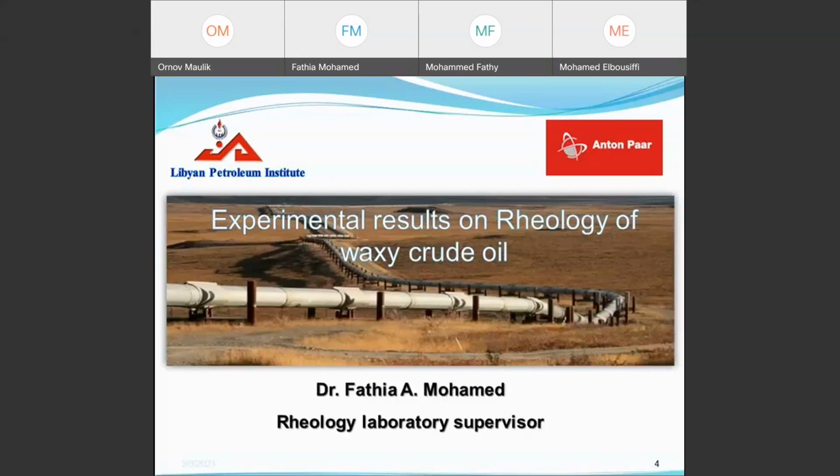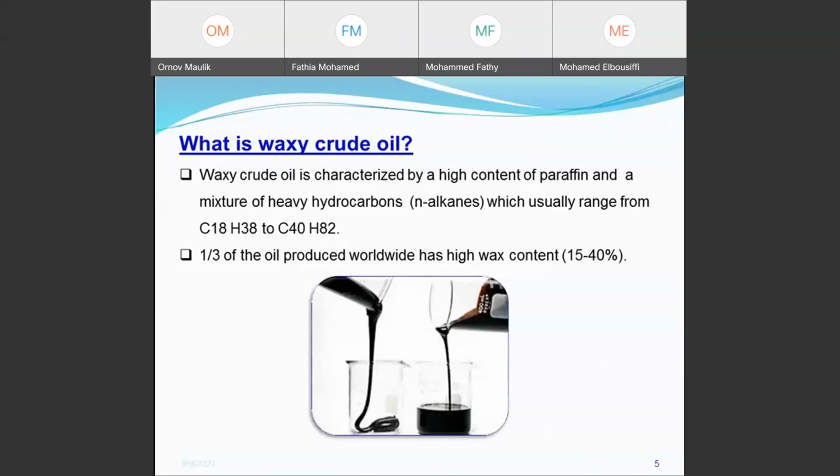The project that I'm going to present is titled experimental results on rheology of waxy crude oil. Before that, I'd like to give you a bit of background about waxy crude oil.